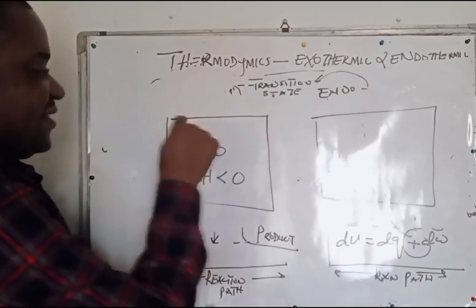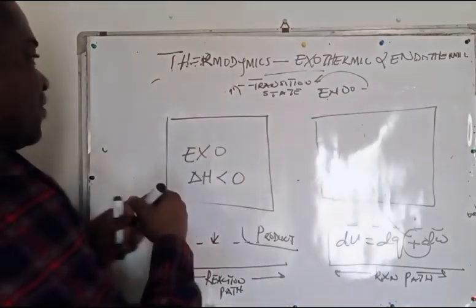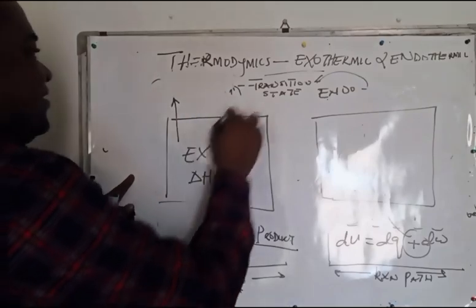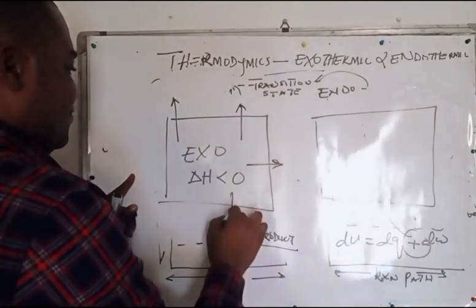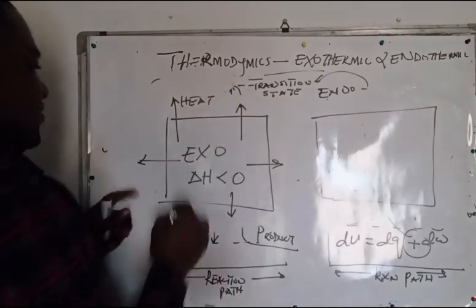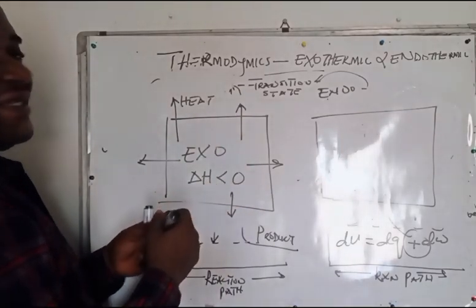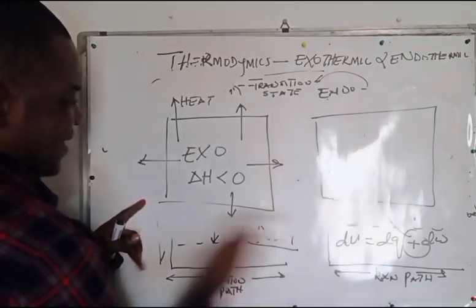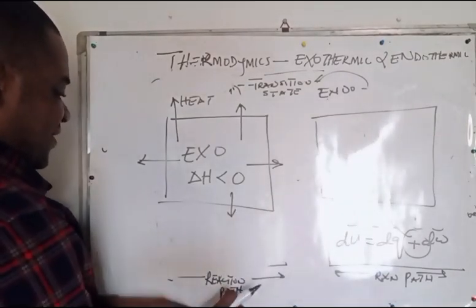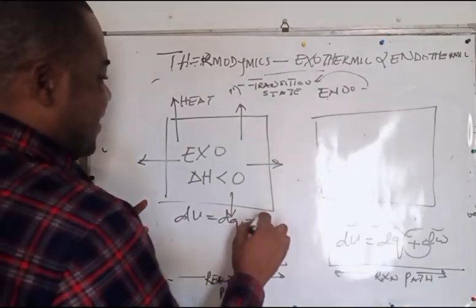This is because the heat here is given out. Work is done by the system on the environment. So it means that heat is released. There is a negative work done. And that was why I said, for this kind of a system, you have dU equals dQ minus dW.